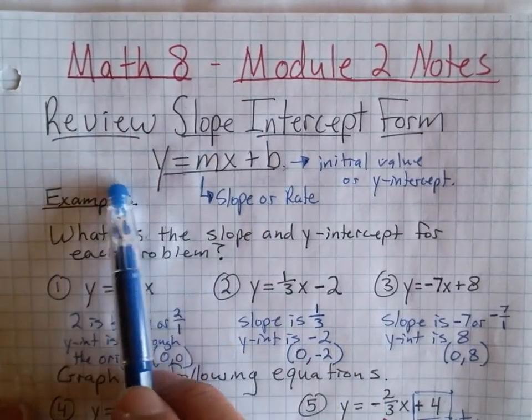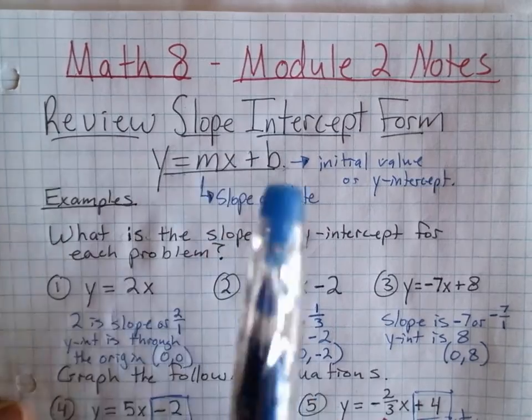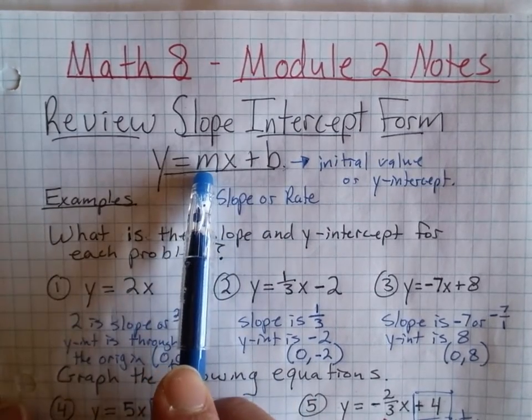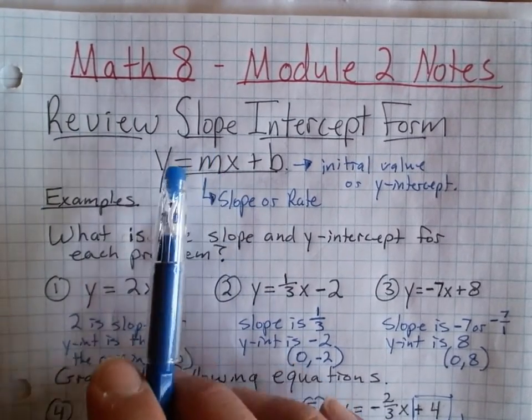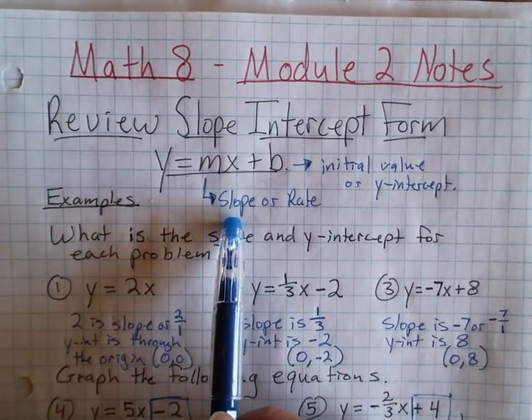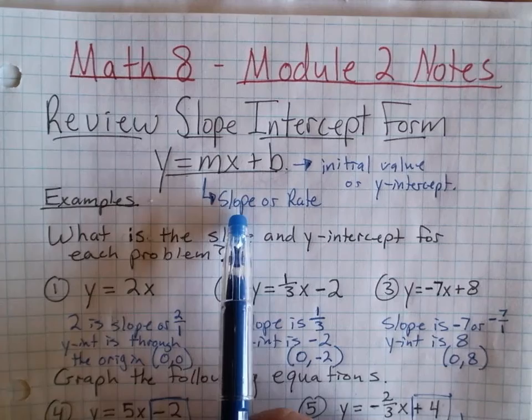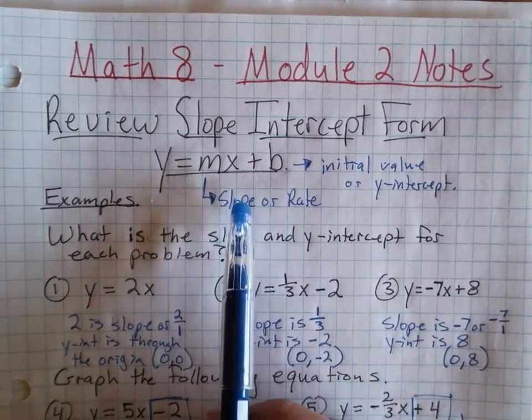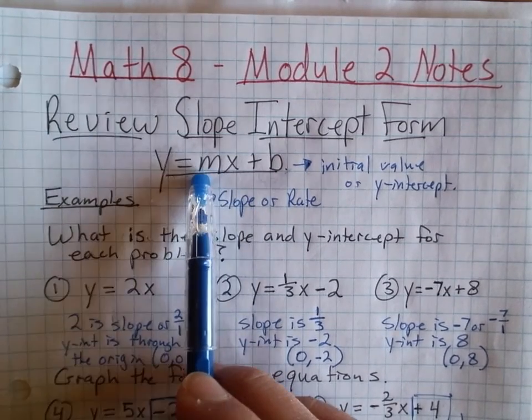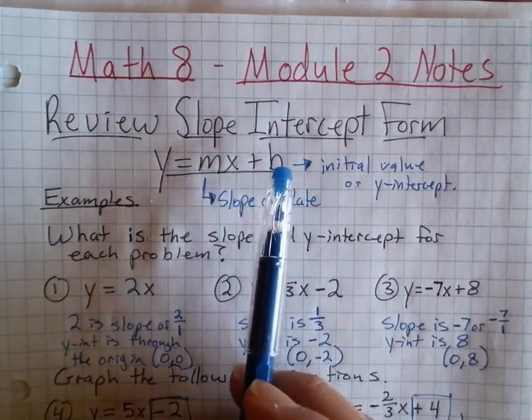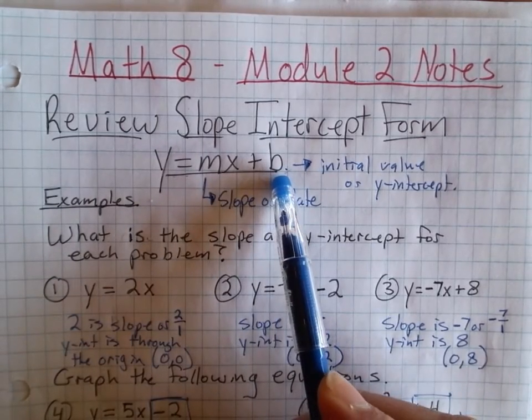The equation of a line is this, where m is a number. That means the slope or the rate. So when you have a slope or a rate and you're trying to write an equation, it's always going to be m. M is the slope or the rate. B is also representative of a number.